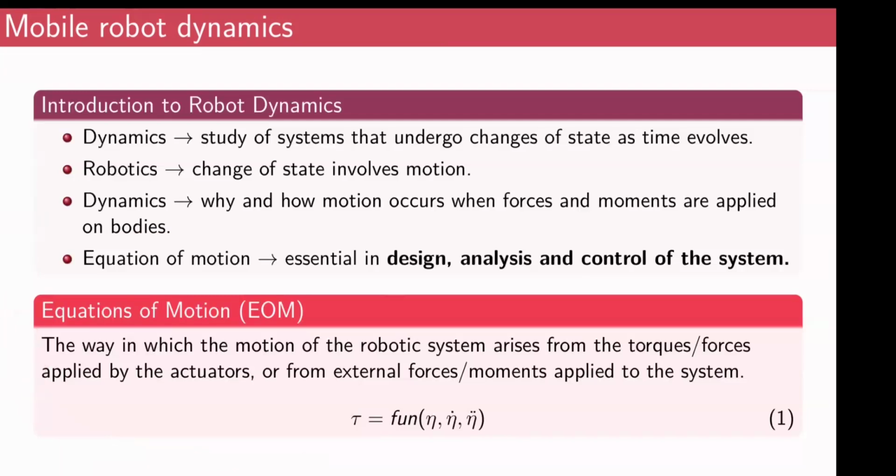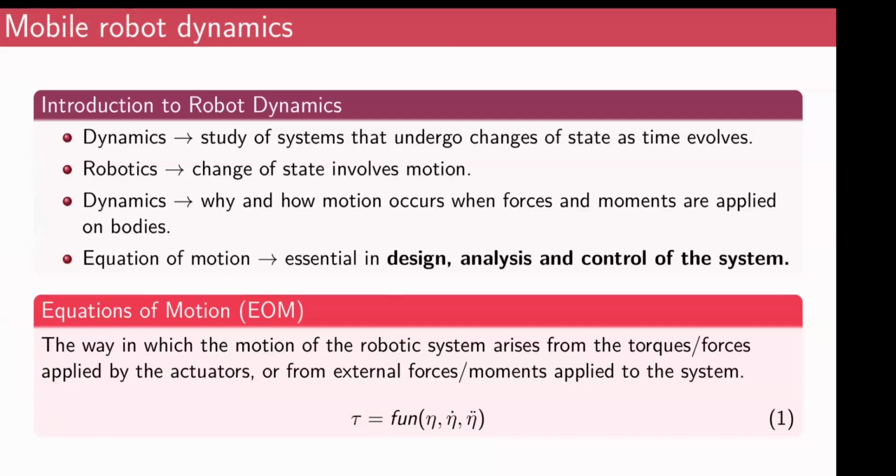To maintain that stable trajectory throughout its operating period, we should essentially know the governing equations of the mobile robot. Then only can we supply the adequate amount of torques, or plan how much input we should be giving to the actuators.